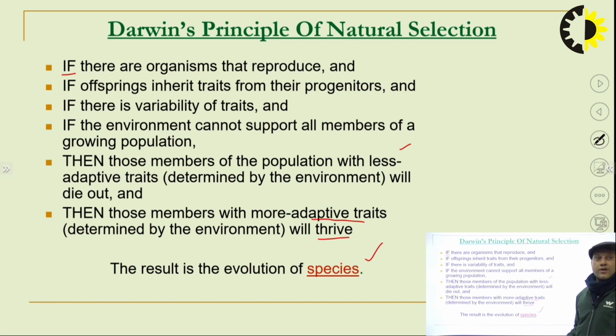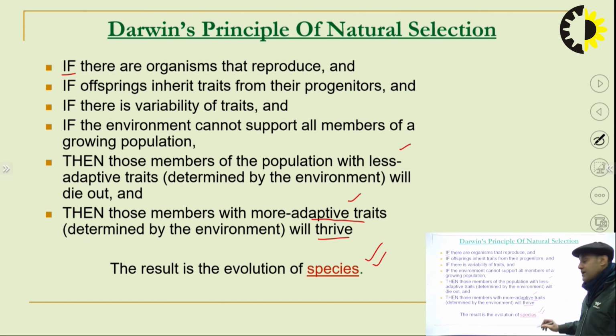So this is the theory. When there are organisms that are reproducing, and those organisms do not survive in the environment, they will die out. If some of them have more adaptive traits, they are more capable of surviving in the environment, and that results in the evolution of species.